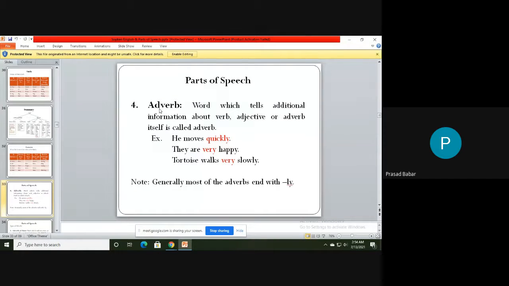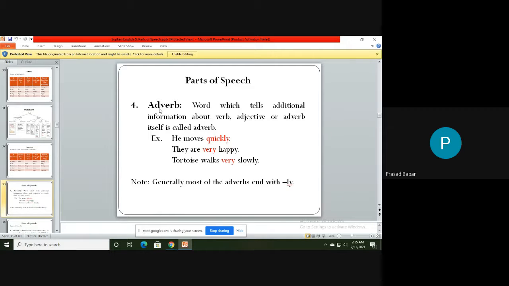Adverbs are the words which tell more information or additional information about a verb, adjective, or adverb itself, and that is why it is called an adverb.